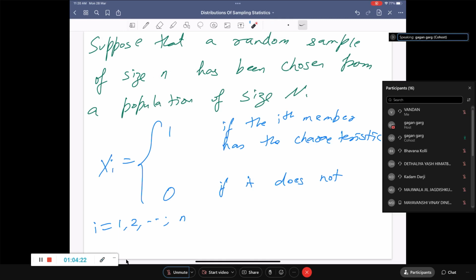So either somebody is left-handed or not left-handed. Either somebody has hair of a certain color or not. Preference for a particular politician or not. So the value of xi is either 1 or 0. It is 1 if the member has the characteristic and 0 if the member does not have that particular characteristic that we are looking for.